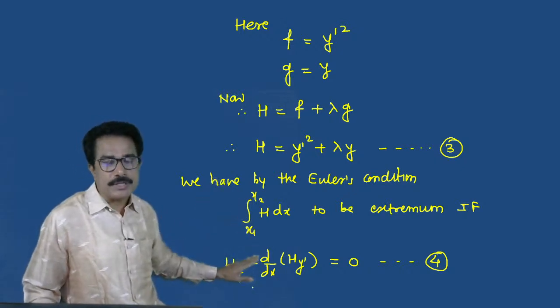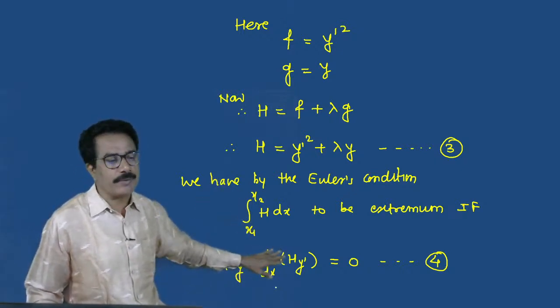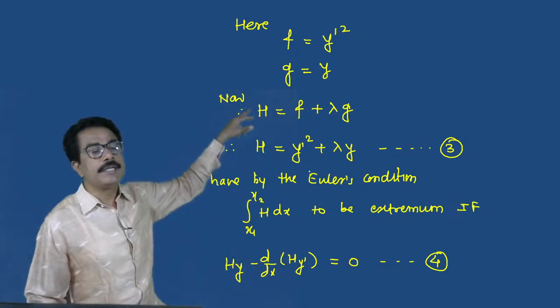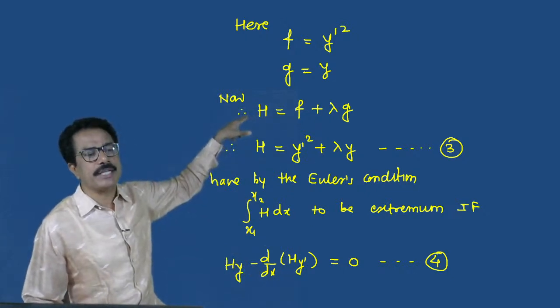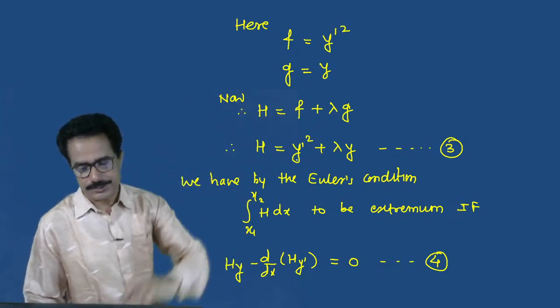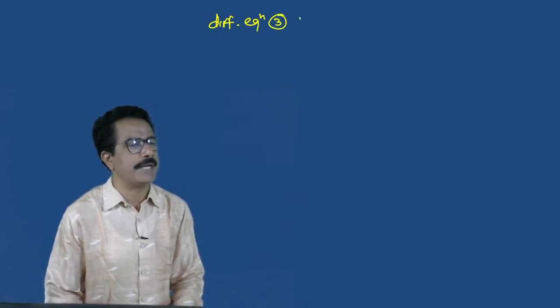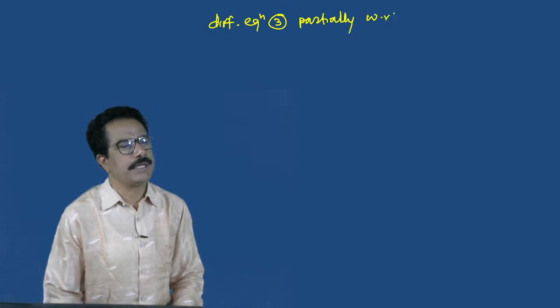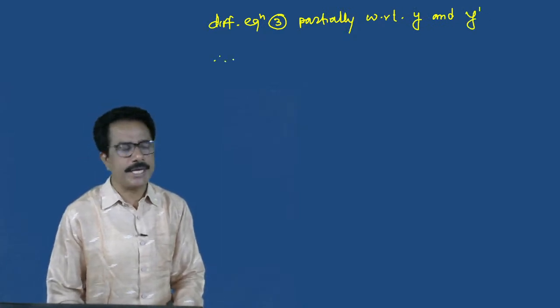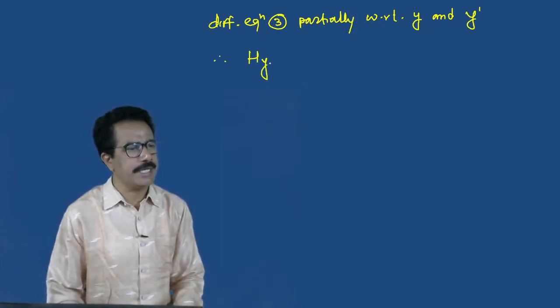For the purpose of putting the value of hy and hy dash, first of all differentiate equation 3 partially with respect to y and y dash. So we can write hy, h suffix y.